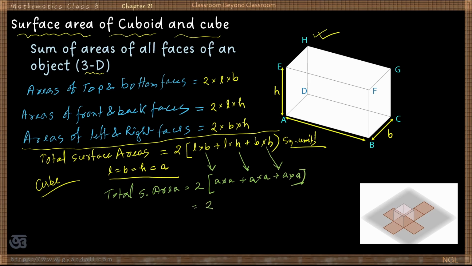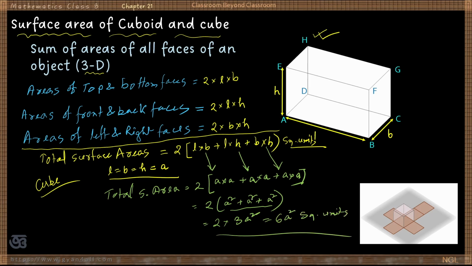So this is equal to 2 times (A square plus A square plus A square), and this is equal to 2 multiplied by 3A square, and that is equal to 6A square square units. This is the total surface area of a cube having the length of the edge equal to A.